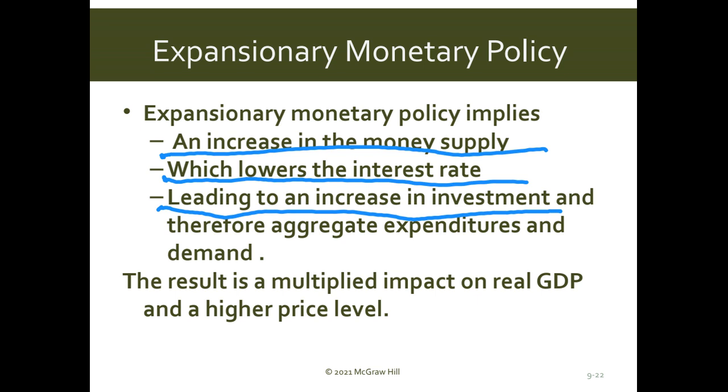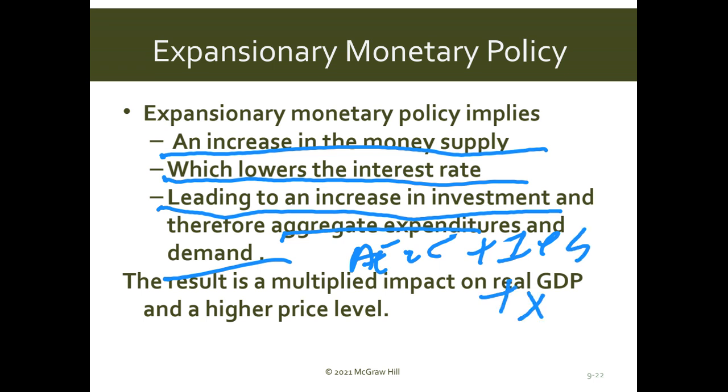And you know that investment is a part of aggregate expenditure and aggregate demand as well. If you remember aggregate expenditures, C plus I plus G plus X minus M. So this investment is increasing through what? Through expansion in money supply, of course indirectly, because there's no money supply in this aggregate expenditures equation.